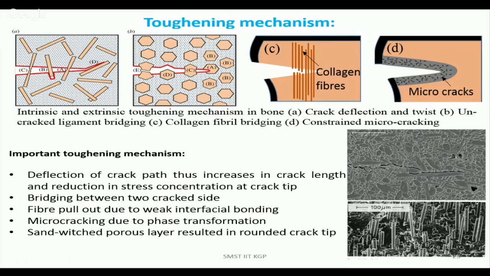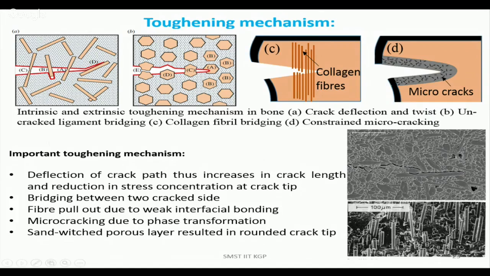Grain size should not be very big, nor very small. There should be optimization of the average grain size distribution. One example is the alumina zirconia composite, where an average grain size of about 0.5 micron is preferable.